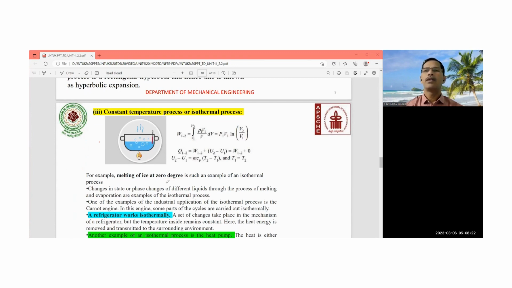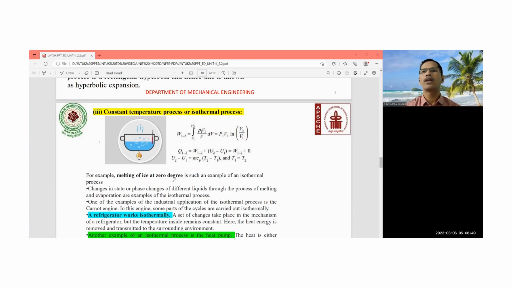Especially for phase change processes, that means conversion of a solid state to the liquid state, the process occurs at constant temperature and constant pressure. So melting of ice at 0 degrees, the conversion of a solid state to the liquid state, is nothing but melting of ice.